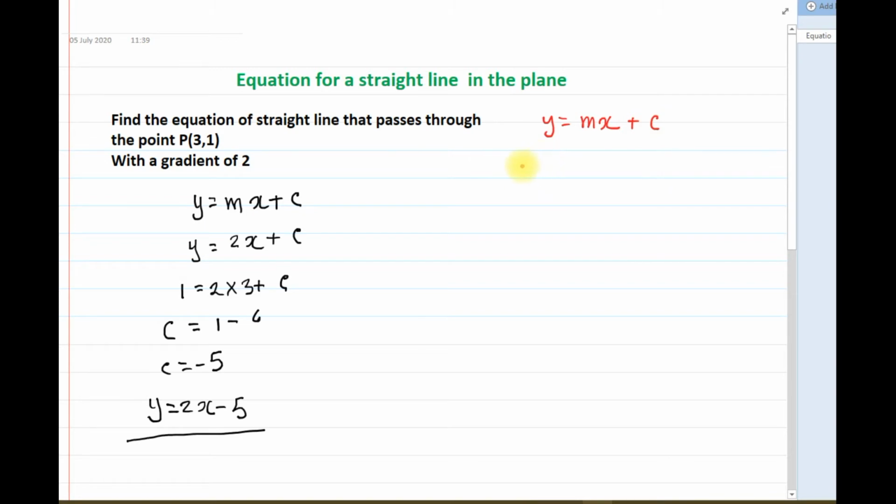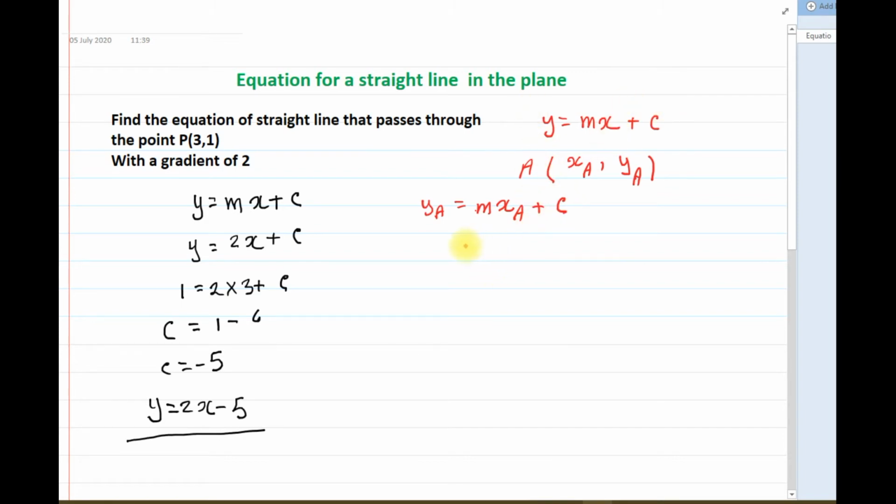assuming we have a point A with coordinates x of A and y of A that lies on this line, that means this x and that y fits that equation. It satisfies this equation. So I can write y sub A is equal to m times x sub A plus c.